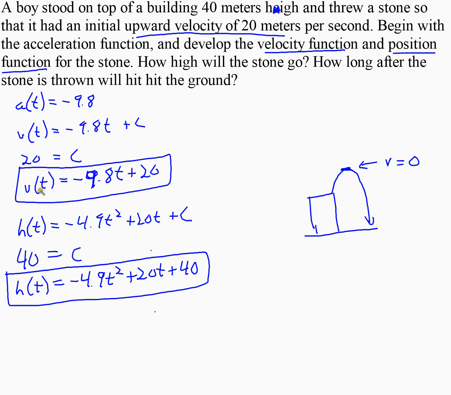So let's come back to our velocity function, and we're going to plug in 0, because when it's at its highest, the velocity is equal to 0. So 0 equals negative 9.8 t plus 20. We would add 9.8 t to both sides, and that's equal to 20. Divide both sides by 9.8. And I believe you get 2.04 seconds is when it will be at its highest.